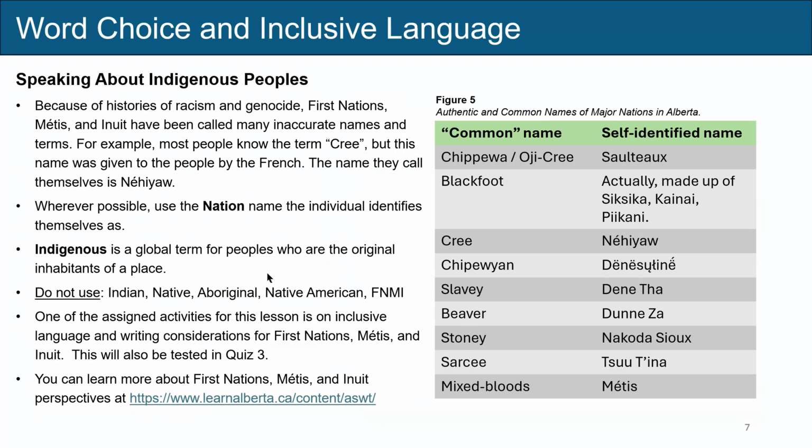Similarly, within Canada, there's been a lot of negative and inaccurate language used for First Nations, Métis, and Inuit. They have been given names by English, French, and sometimes Dutch peoples that are not the names they call themselves. And this is an issue across the world. For example, what we call Japan in English, Japanese people call Nippon.